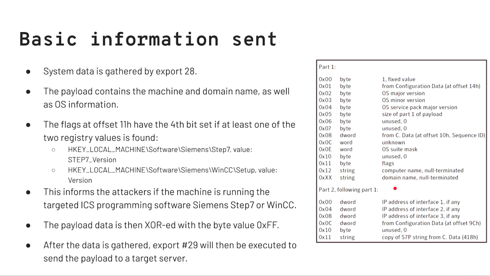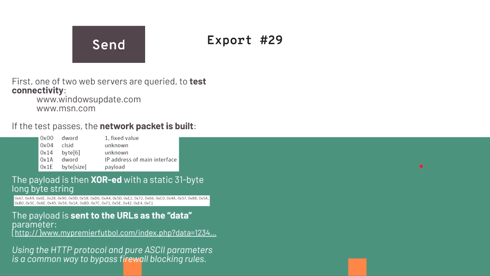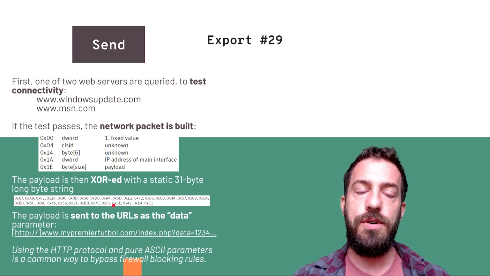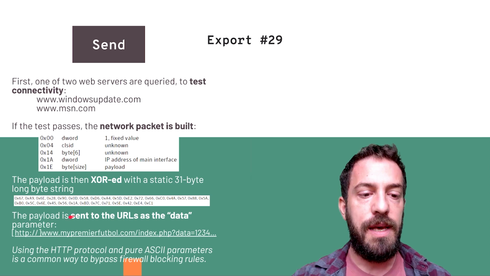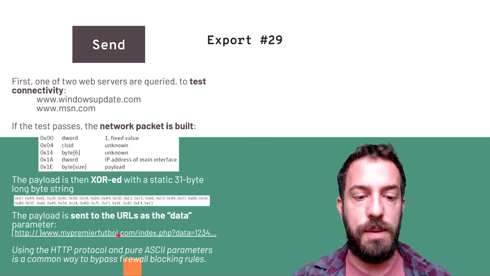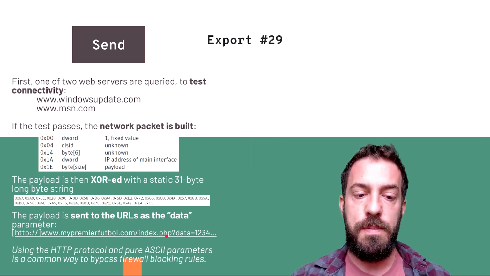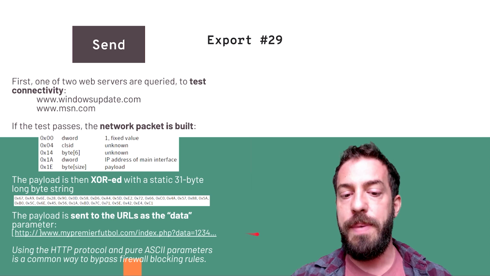So you're trying to hide that you're sending out information that would look suspicious. So you encrypt it by XORing with this static 31-byte string, and then you send it as the data parameter in the URL. When you access this website, mypremierfootball.com, after the index.php, you would send this data parameter, and then you would put your payload here.